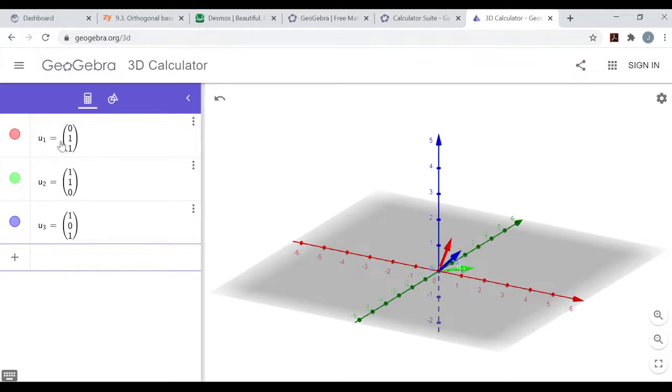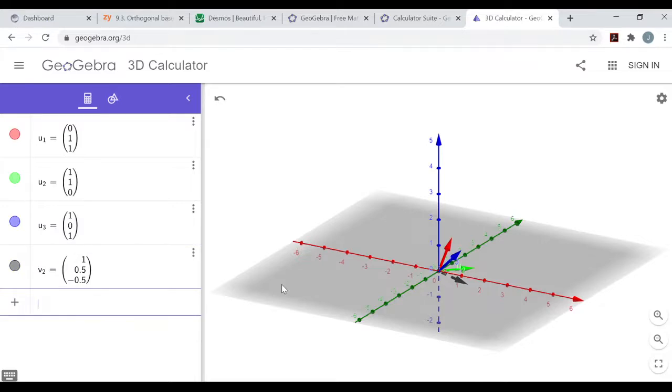That was V1, so V1 for my orthogonal basis was 0, 1, 1. And then through that Gram-Schmidt process where I took U2 minus the projection of U2 onto V1, I got what I'm calling V2, the vector 1, 1 half, negative 1 half. So 1, 0.5, negative 0.5.